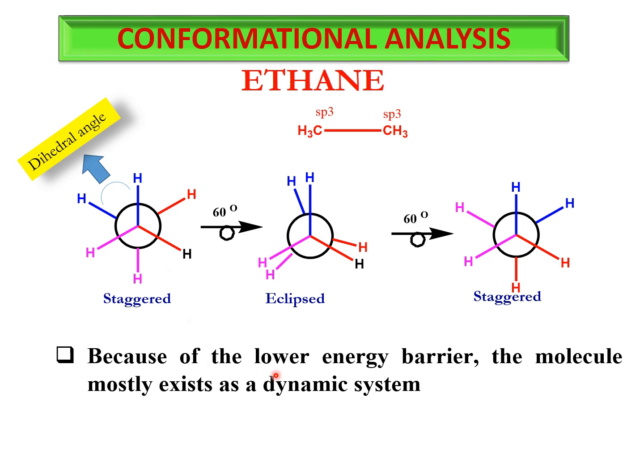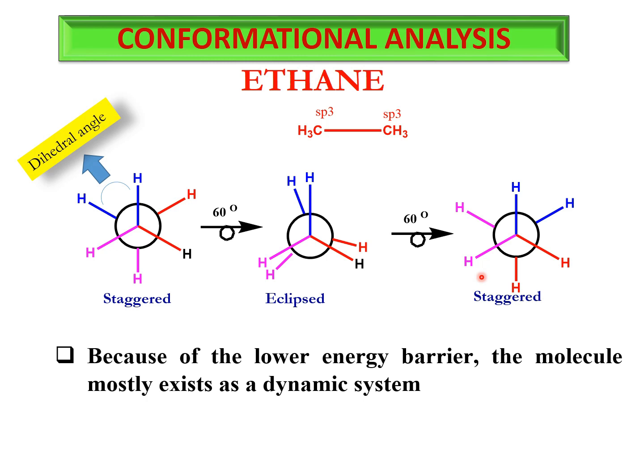And as we have already discussed, the energy barrier is very low, so the molecule exists as a dynamic system. This molecule is usually rotating around this carbon-carbon single bond, and it has staggered and eclipsed conformations from time to time, but it will spend most of its time in the staggered conformation.